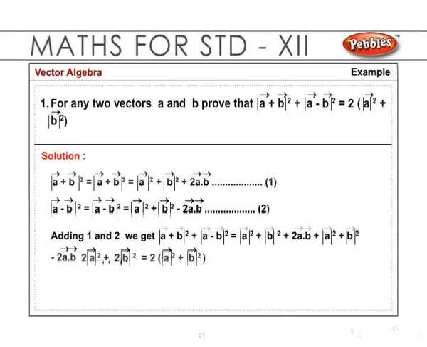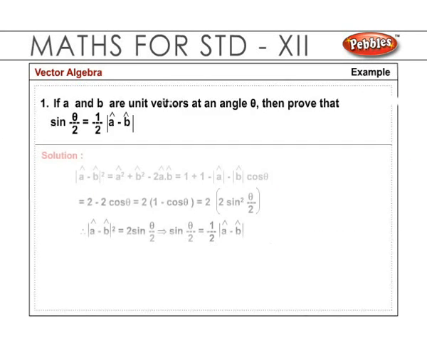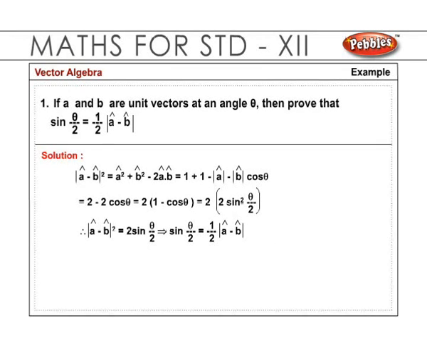For the above example, we use the direct formula for the sum and difference of any two vectors A and B. Let us consider equations 1 and 2. Adding both the equations, we arrive at the result. Since the magnitudes of A and B are equal to 1, the above equation is simplified to give 2 minus 2 cos theta.